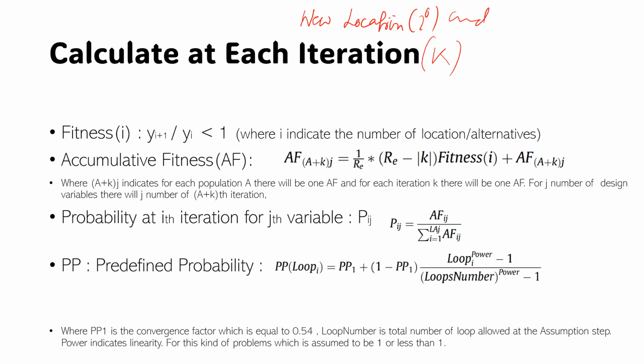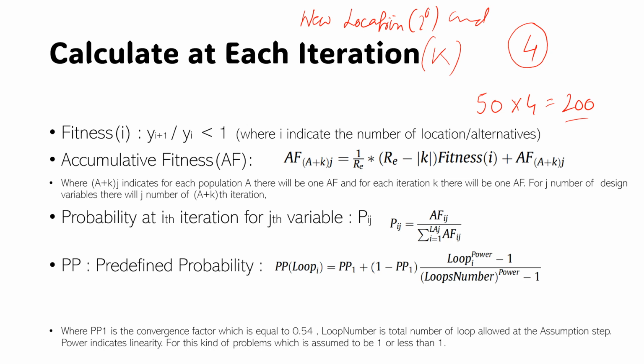So for each iteration or each loop we have 4 values or 4 locations. So you have to calculate it for those 4 locations per iteration. If you are doing 50 iterations, then for each iteration 4, that is 4 times 50, 200 times you have to calculate.